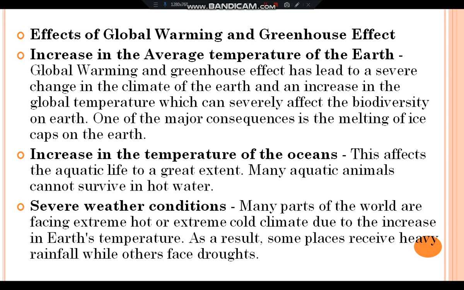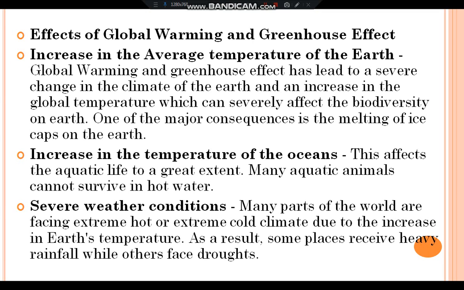Now, let us discuss in detail the effects of global warming and the greenhouse effect. There will be an increase in the Earth's average temperature. Global warming and the greenhouse effect have led to a severe change in the climate of the earth and an increase in the global temperature, which can severely affect the biodiversity on earth.